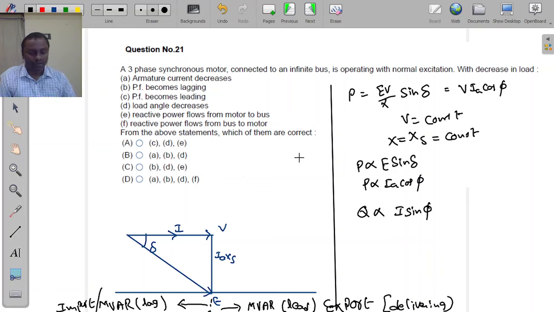Now what they are saying is, with a decrease in load. This vertical line represents the load, and now the load has decreased.